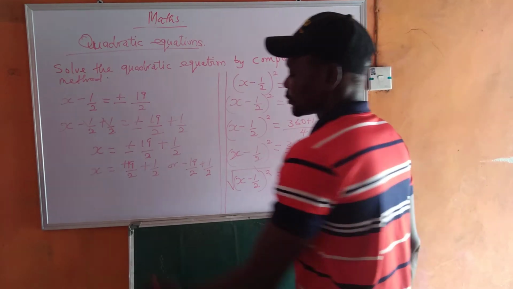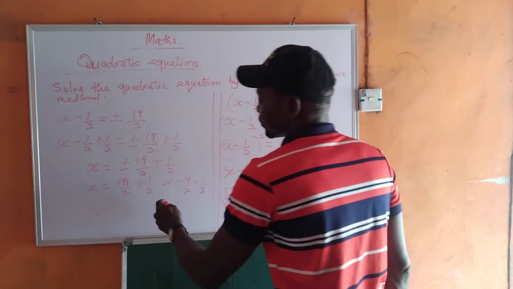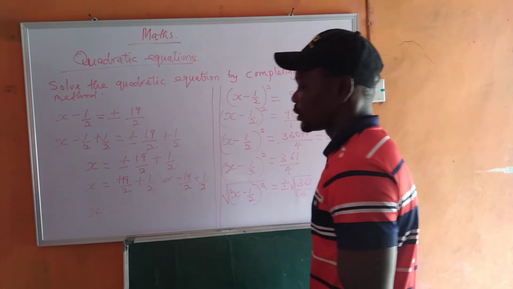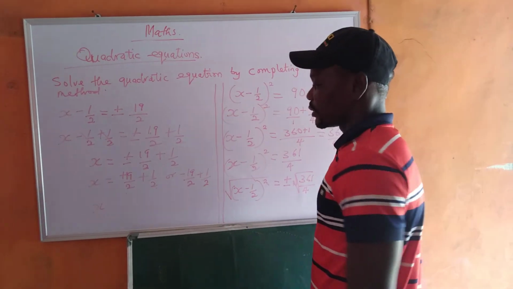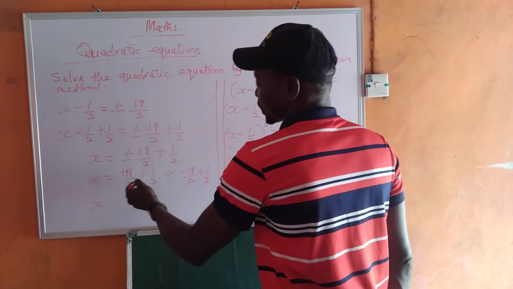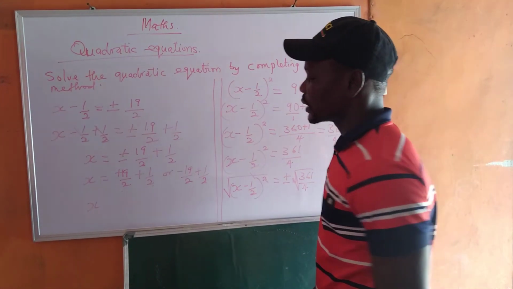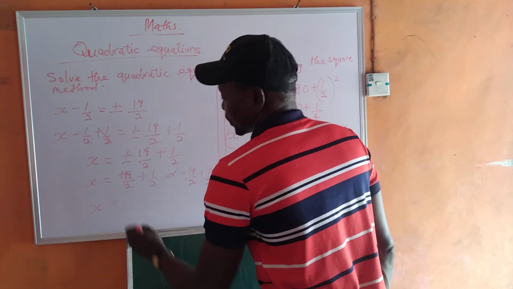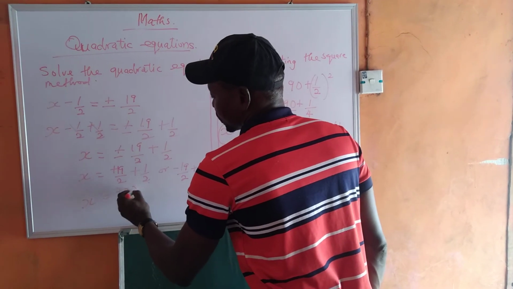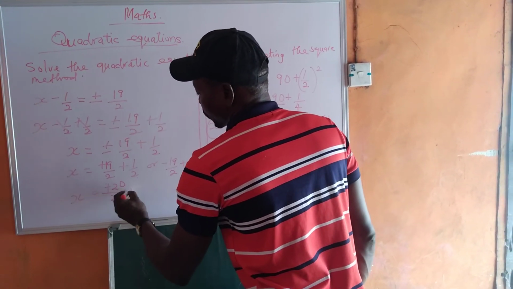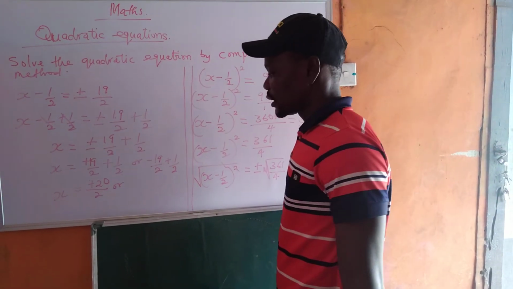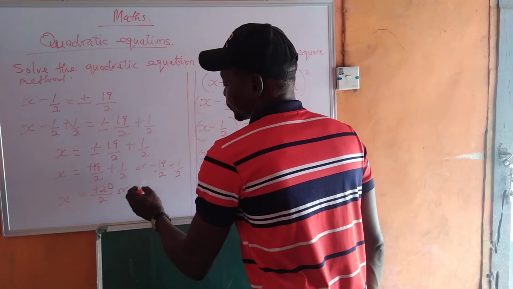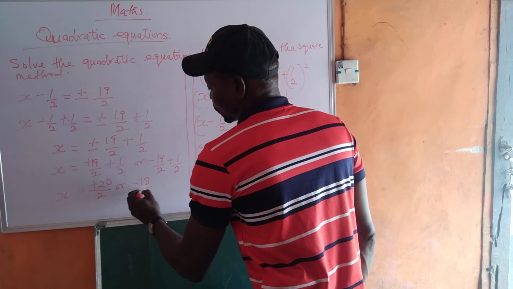So now, in this side, we have the same denominator. Since we have the same denominator, we just add directly. Then we keep our denominator. Plus 19 plus 1, that's plus 20. We have plus 20 all over 2, or minus 19 plus 1, that gives us minus 18. That's minus 18 all over 2.